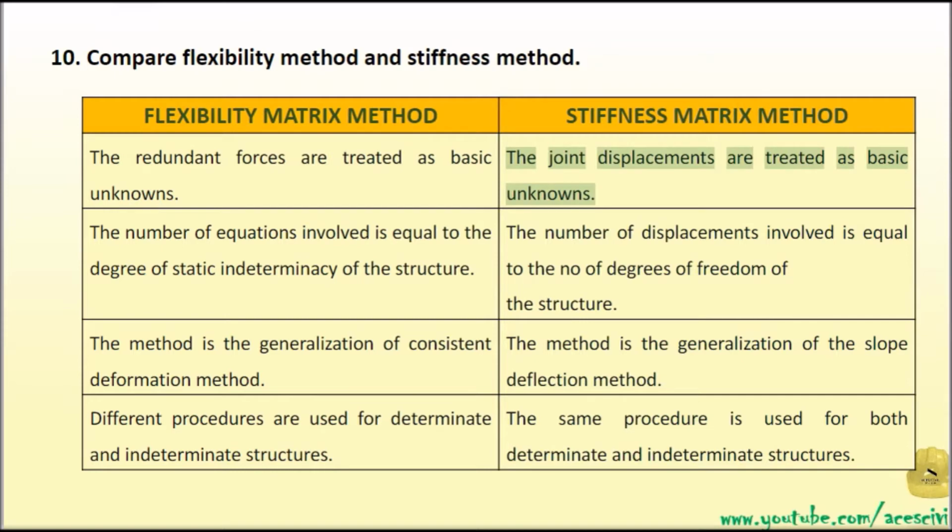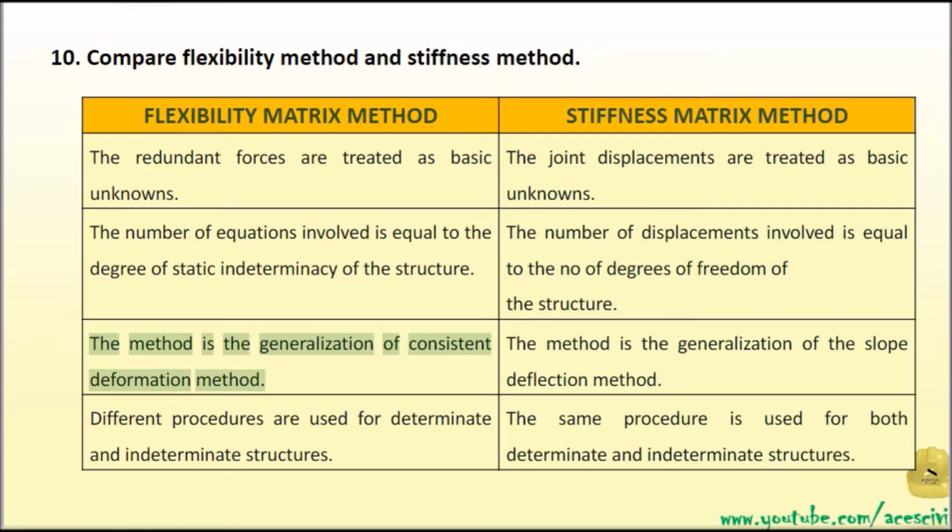Stiffness matrix method: the joint displacements are treated as basic unknowns. In the flexibility method, the number of equations involved is equal to the degree of static indeterminacy of the structure. In the stiffness method, the number of displacements involved is equal to the number of degrees of freedom of the structure.